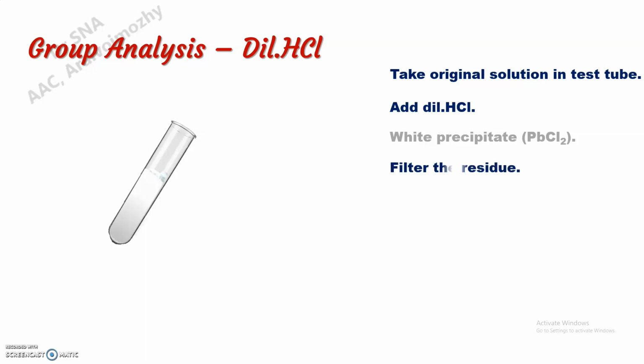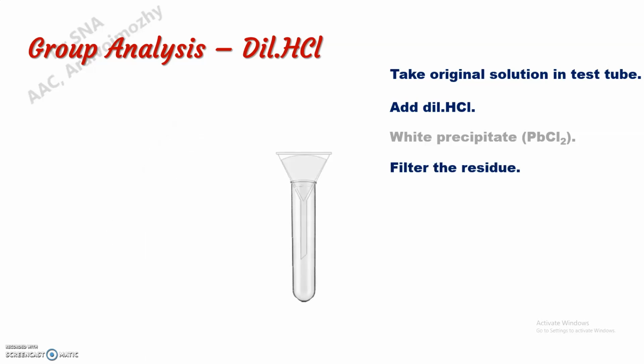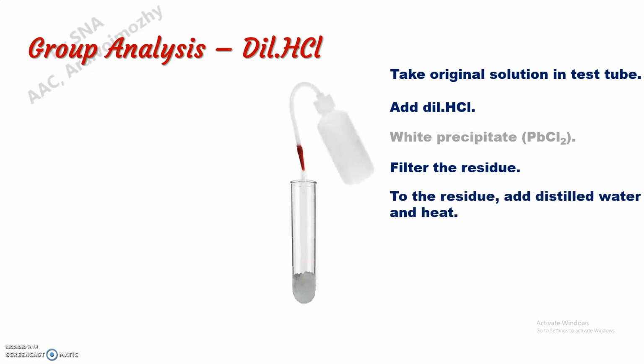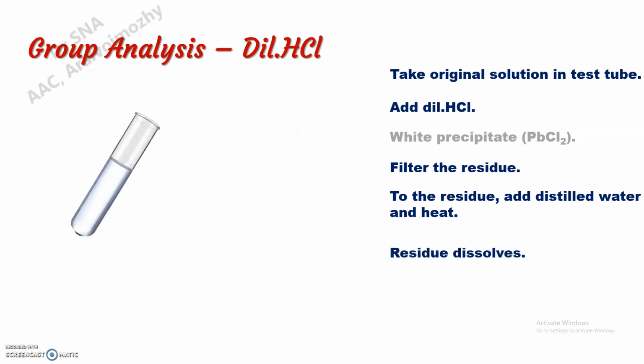So filter this residue using filter paper, and to this residue add distilled water and then heat. After heating, we'll be getting a clear solution, and on cooling the residue will regenerate.